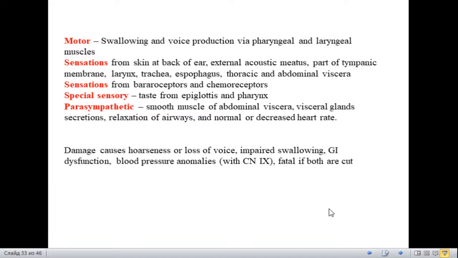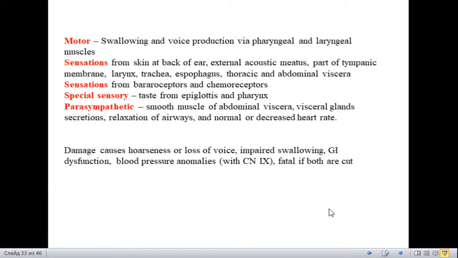Besides that, vagus nerve conducts information from baroreceptors and chemoreceptors. Special sensory taste buds also found besides tongue at the epiglottis and pharynx, so it is provided by vagus nerve.